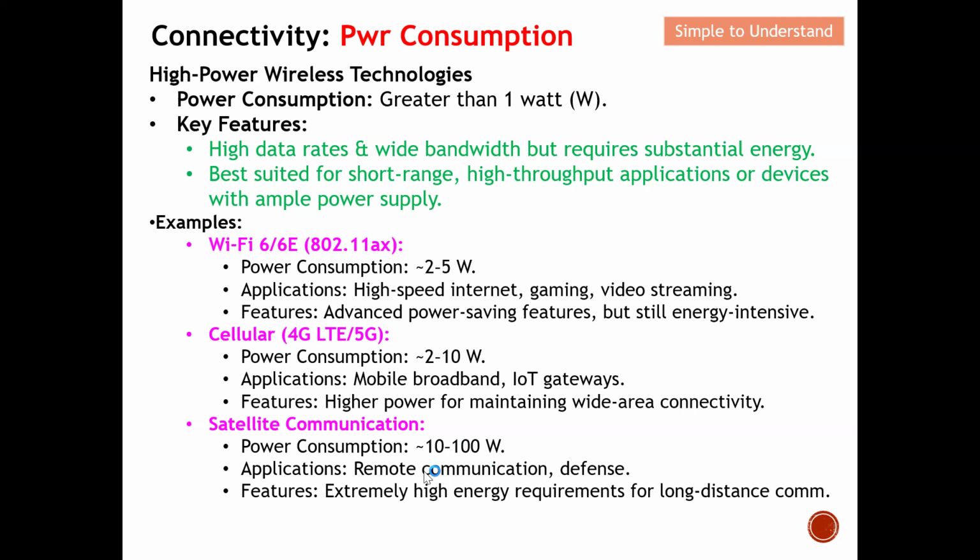The only form of communication will be through the satellite. Also for defense, most of the time they will rely on satellite communication. The feature is that they have extremely high energy requirement for long distance communication. So this will be for the high power wireless technology.